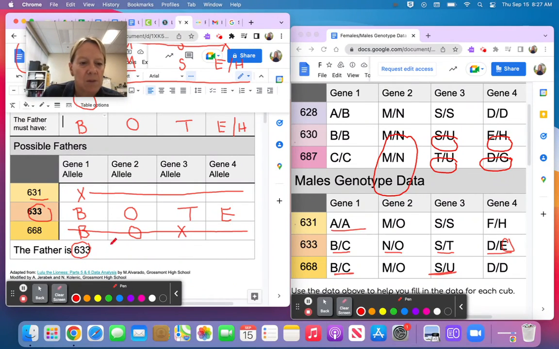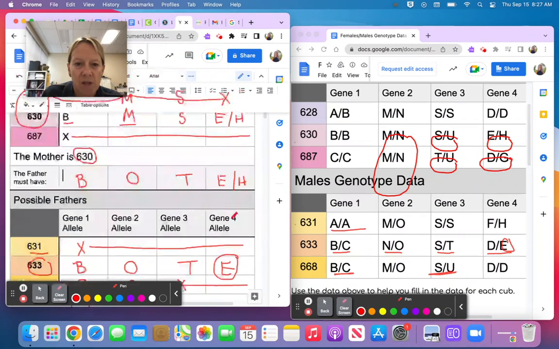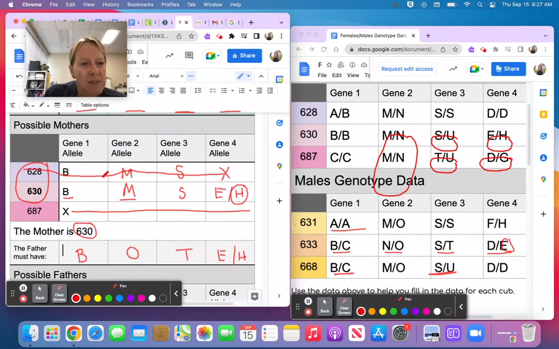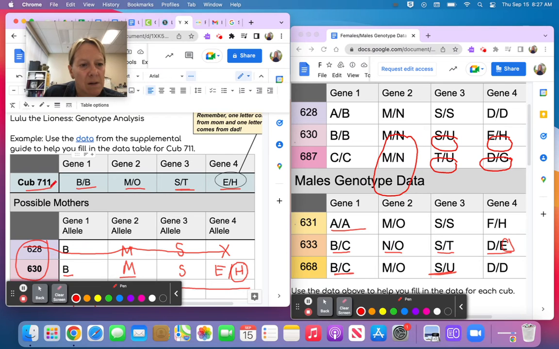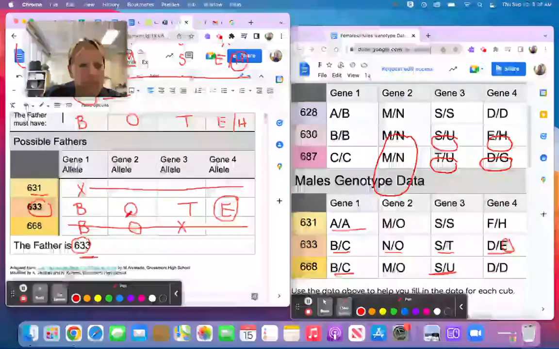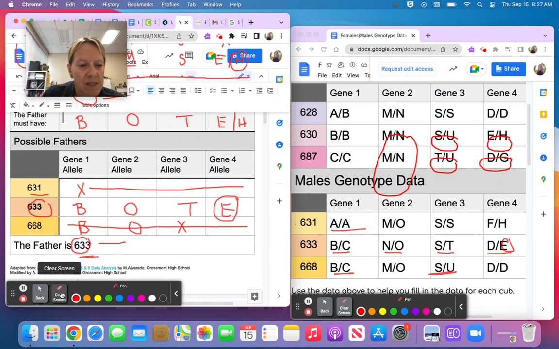All right, so 633 is the father. We also know now that the father gave the E for this gene, which means the mother gave the H. All right, so we know that cub 711 has 630 as the mom and 633 as the dad.